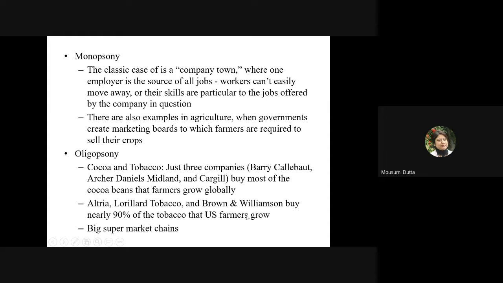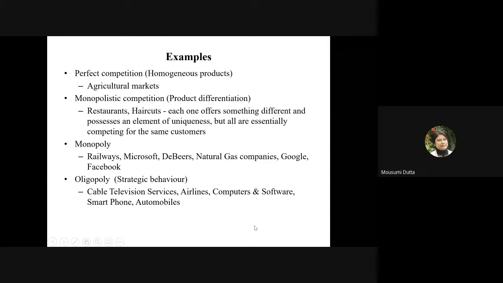In case of tobacco in US, a few companies are buying almost 90% of tobacco from the farmers. Here I am talking about a single buyer; there I am talking about 3-4 buyers or so, who will buy the entire amount that is produced in an economy.